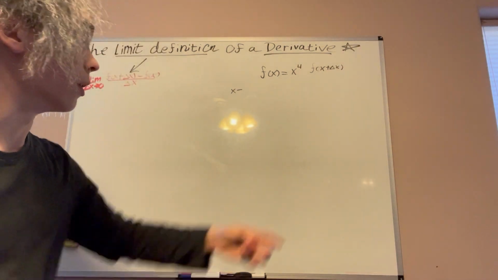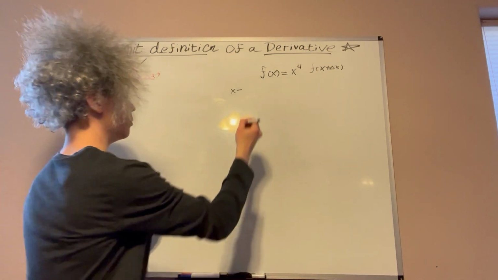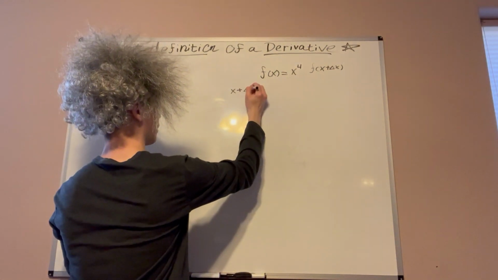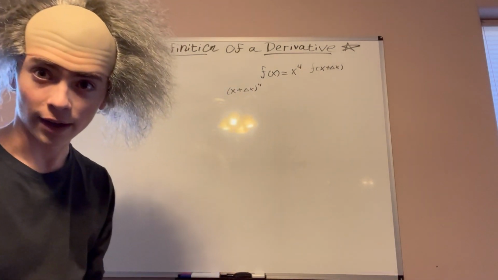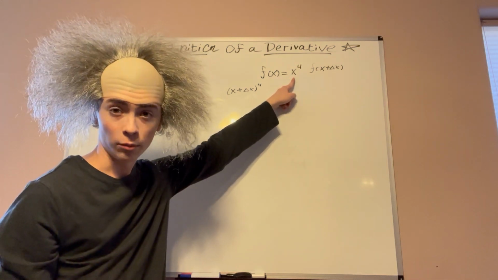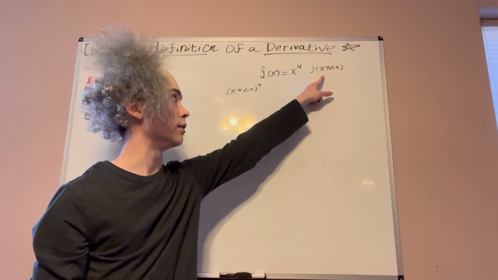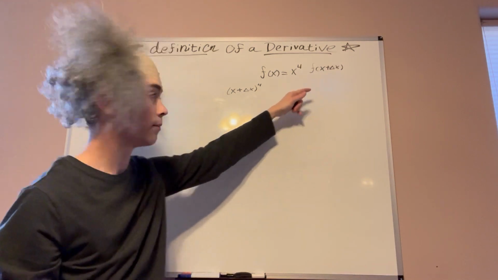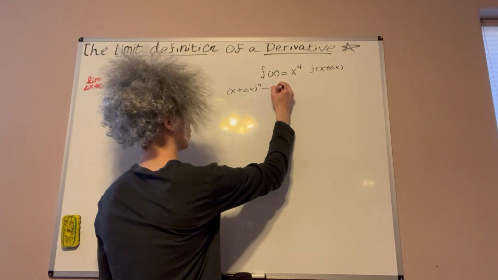So f of x plus delta x is going to be x plus delta x to the fourth. Do you understand how I got that? Because that's pretty important. Where there's an x, I plug in x plus delta x. So x to the fourth becomes x plus delta x to the fourth, now minus x to the fourth.